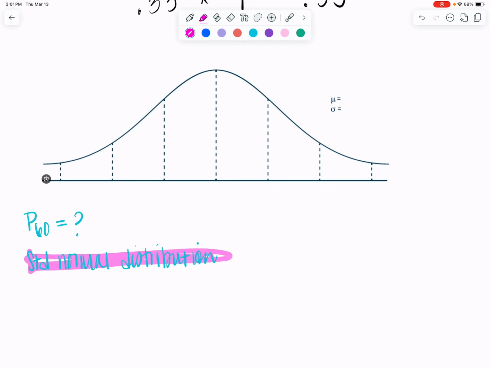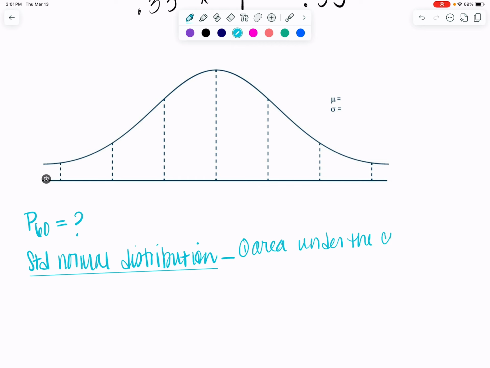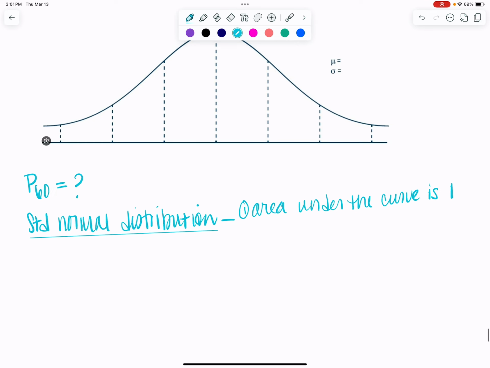This little piece of information, standard normal distribution, tells me first the area under the curve is 1. I know that we are looking at z-scores, so we'll have z-scores on the bottom.